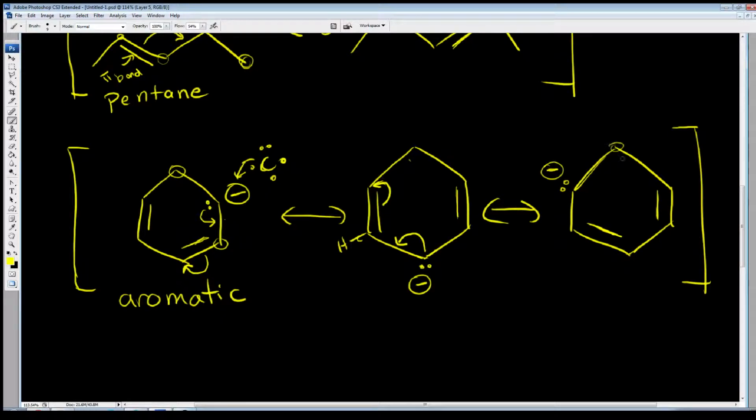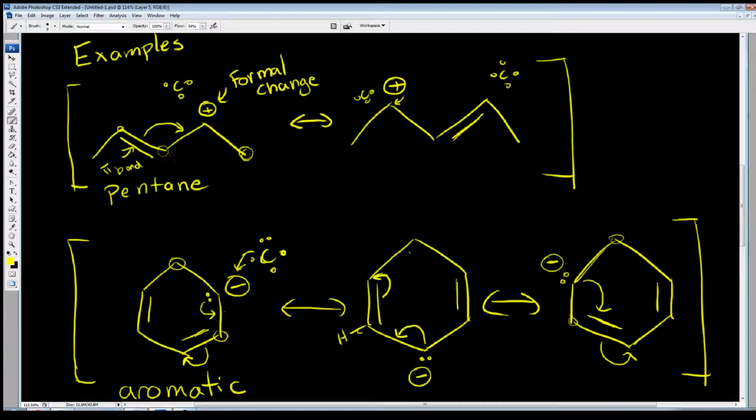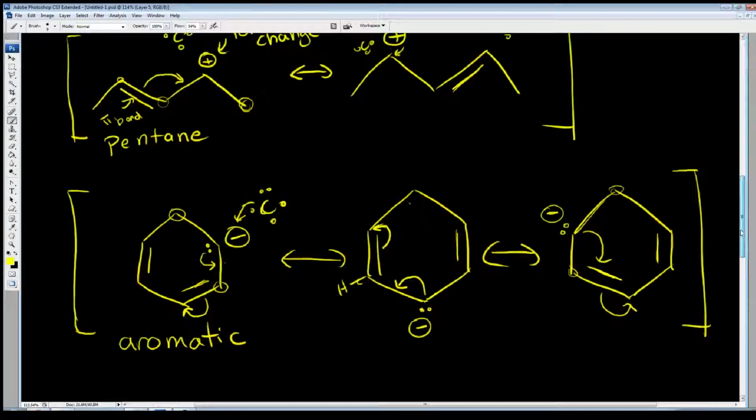But since this one doesn't have any pi bonds on this side, but it has pi bonds on this side, you'd basically be going backwards. So before you stop and end it there, you need to put arrows going the other way. Because like I said, in resonance structures, they're always flipping from one structure to the other. And that's the same for this one. These two are always flipping around, so that's really what happens.